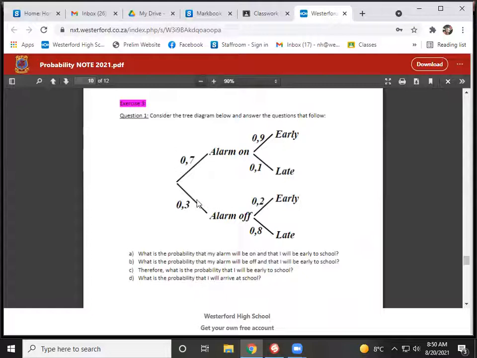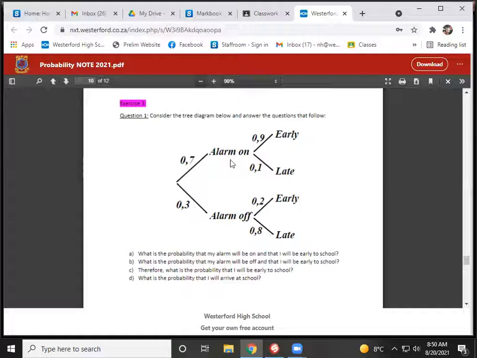Then you need to know that it is 0,3. Because what must you add to 0,7 to get 1? 0,3. All right, these two must always add up to 1. So they often just give you one of the values and you must know what the other value is. Okay, we will do examples like that.